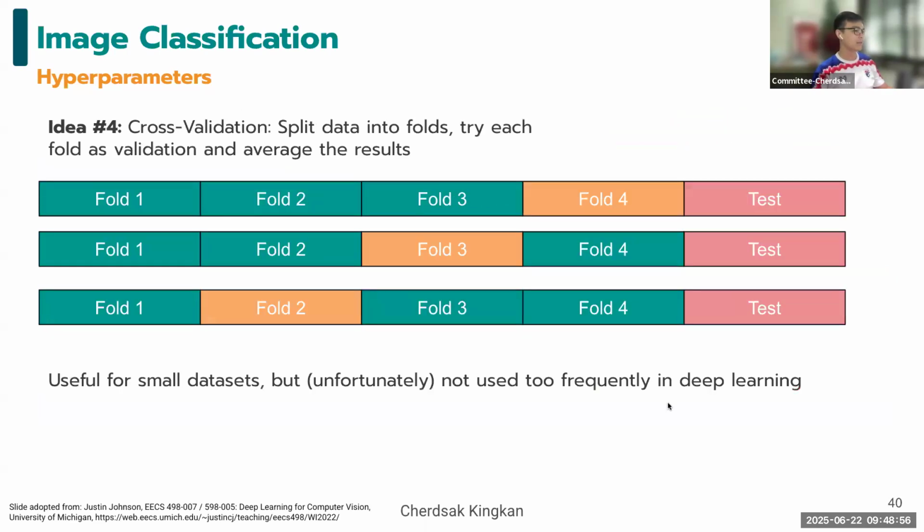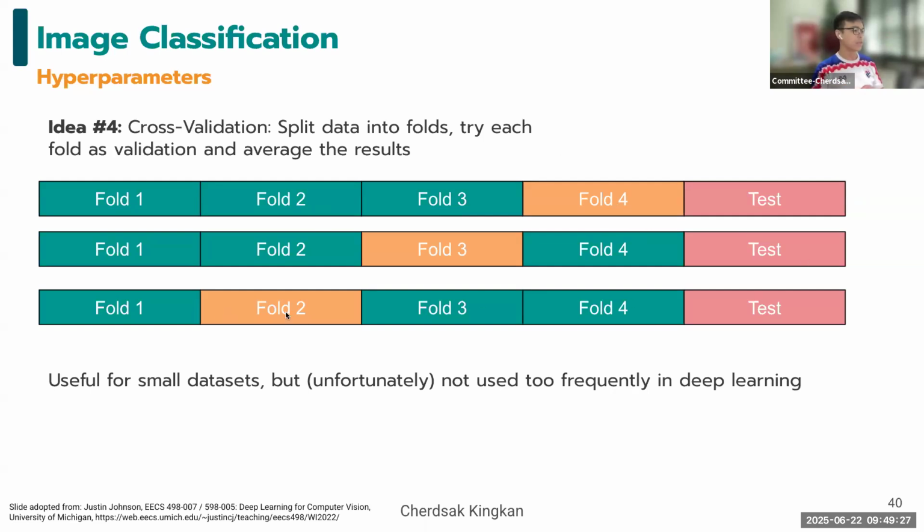And another idea would be using what we call cross validation training. That is, we split a data set into chunks, or what we call folds. For example, here we have 4 folds, and we take the first 3 as training and the last one as validation. And then we keep shuffling these 4 for training and validating the model. And then we also test the model once.